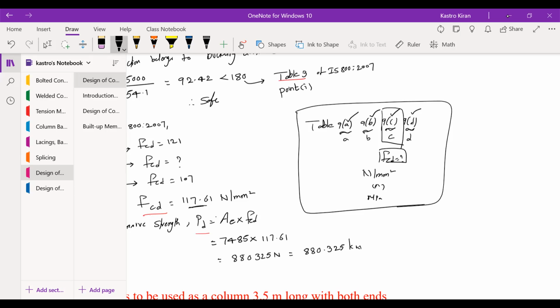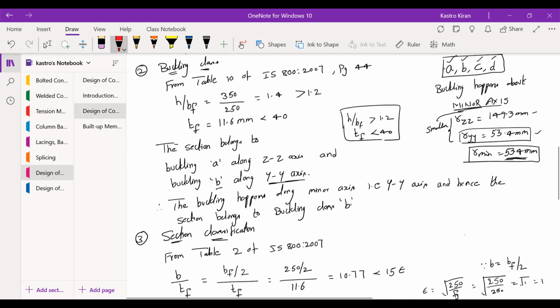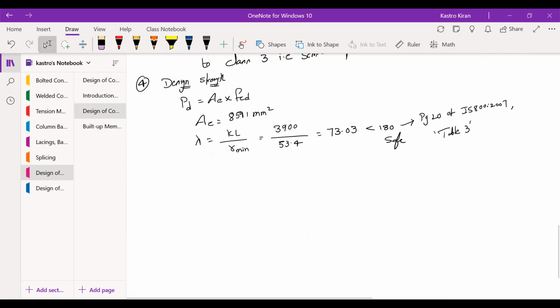So our case is buckling class B, right? Our section belongs to buckling class B. Therefore, we have to refer to table 9B of IS 800 2007. So let's refer to that one. So let's write the statement here before finding out.